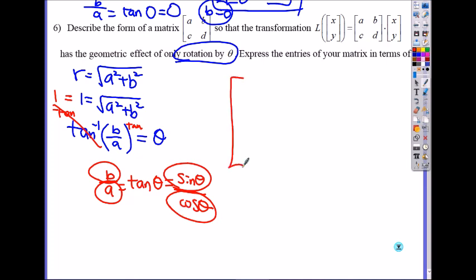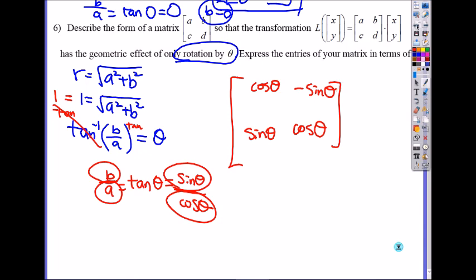So then how do you write it? It was a, cosine theta, cosine theta. Remember, it's a, a. This is b, sine theta. And this becomes negative sine theta. So why is the b negative? I thought the c.